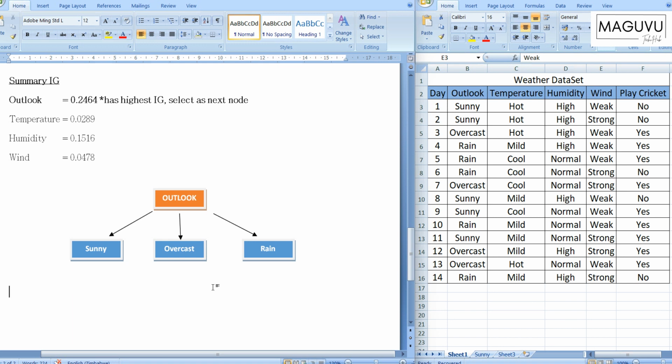So we draw the tree with its branches, and then we need to say, okay, can we start at sun, and then at sun we now need to iterate again and consider the remaining features, which is temperature, humidity, and wind, to see how they contribute on a sunny day. We then also continue to do the same for overcast, and we do the same for the rain feature. So that's how we continue to draw the tree.